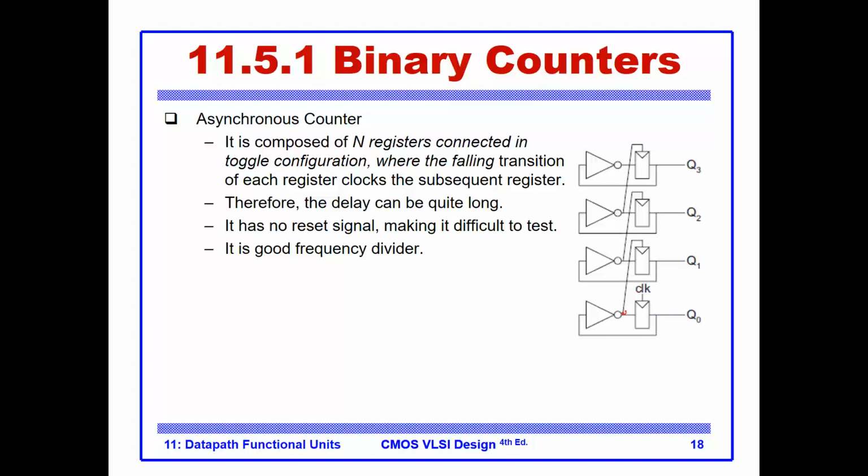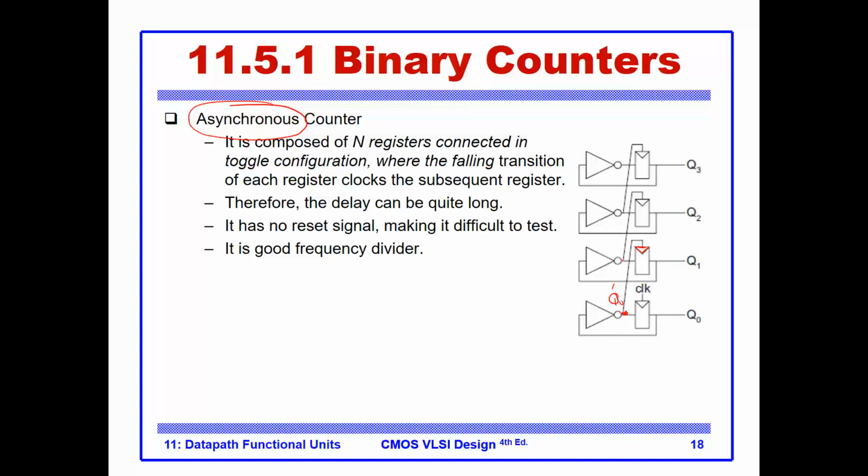Then the negative of the output, which is q0 prime, becomes a clock. That's why we say this type of design is asynchronous, because the input clock for the flip-flop for q1 is not triggered by the clock, rather by q0 prime.